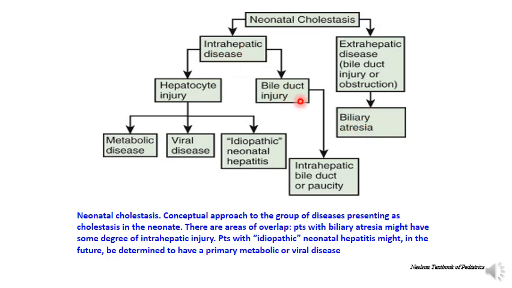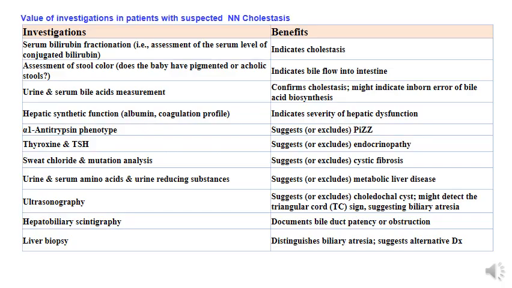Intrahepatic disease: bile duct injury or hepatocyte injury, in case of viral hepatitis, metabolic disease, galactosemia, tyrosinemia, and so on. Or idiopathic neonatal hepatitis, sometimes associated with hepatitis B in the mother, or intrahepatic bile duct paucity. Paucity of the bile ducts leads to stasis. Conjugated bilirubin is more than unconjugated.